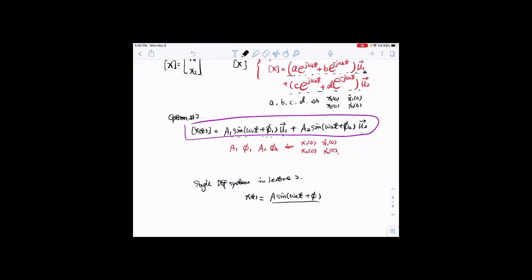So that's the solution for a single degree of freedom system from lecture 2. As you can see here, the mode shape is actually a constant 1. So that's special.